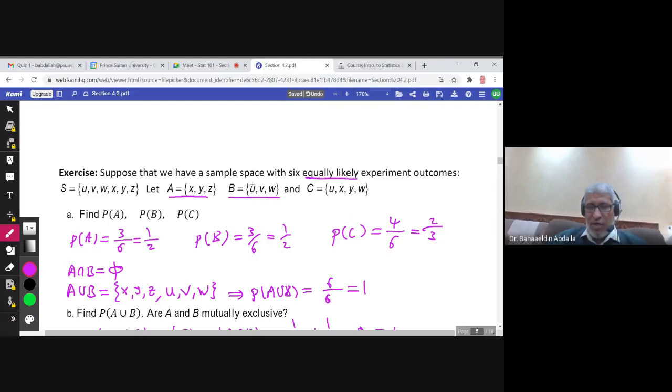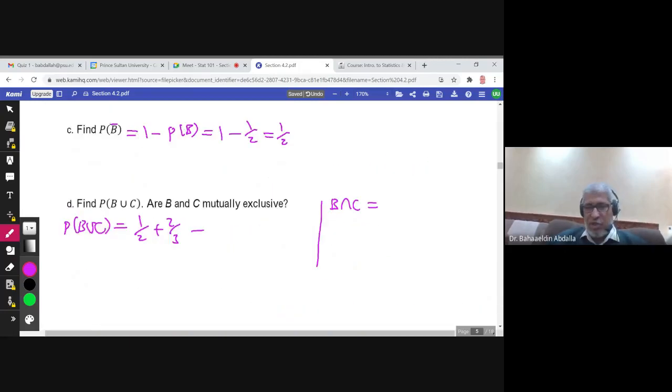You can see that we have U here, U in B and in C. So U is in the intersection. Also W in B and in C. So W is in the intersection, while V is here but it is not there. So we have two elements in the intersection, which are U and W. Now, what is the probability of the intersection?